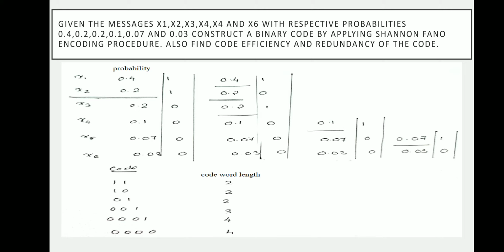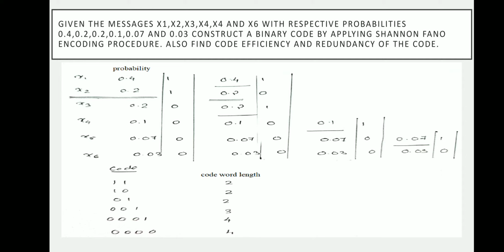Then we assign a code alphabet to each group. The first group is assigned code alphabet 1, and the remaining group is assigned code alphabet 0. You can also assign 0 for the first group and 1 for the second group.